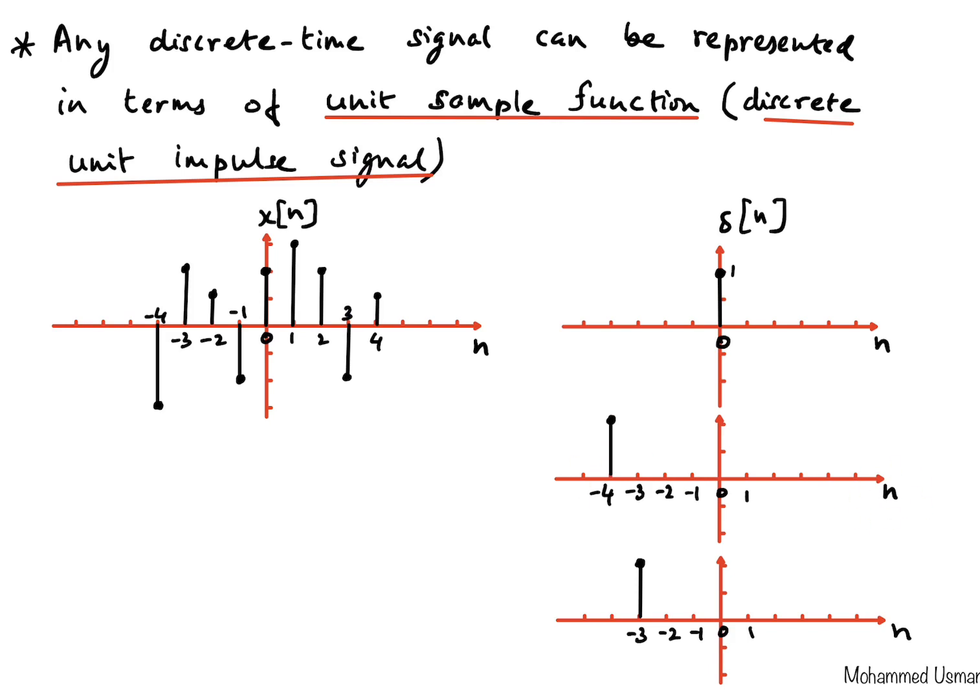This is equal to delta of n plus 4. Okay, so plus means shifted to the left. Similarly, this one corresponds to delta of n plus 3, because it is delta of n shifted to the left by 3 sample units, or 3 index units. So this is delta of n plus 3.